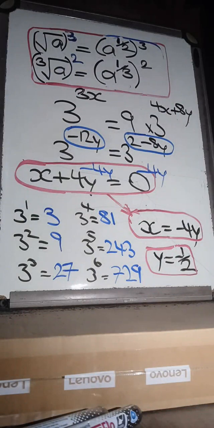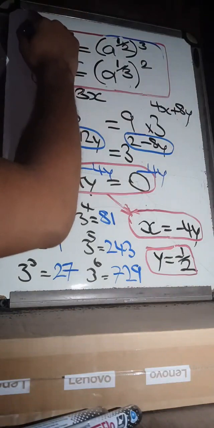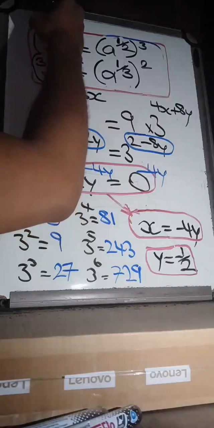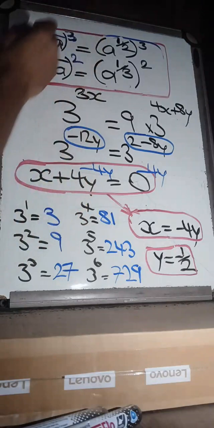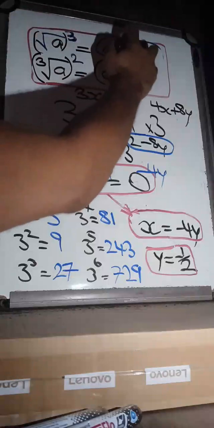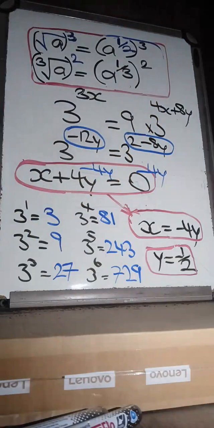Because you have the square, you have the square root. Just imagine that this square root is the same as this, 1 over 2.